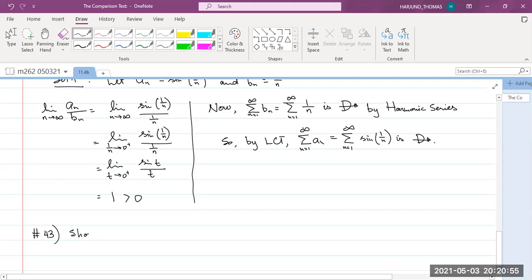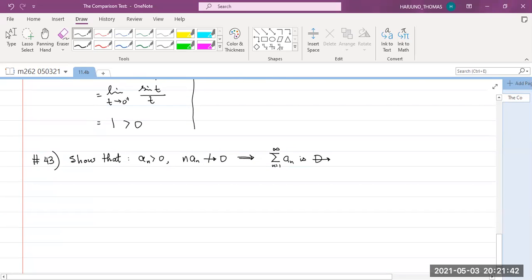But the question is: show that if we have a positive sequence, and n times a sub n is not converging to 0, then the series a sub n is divergent.